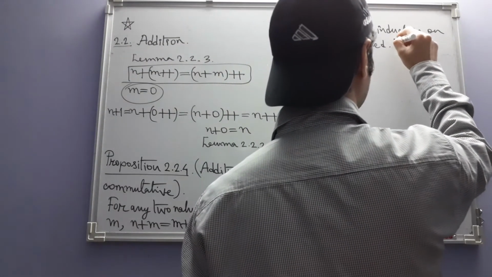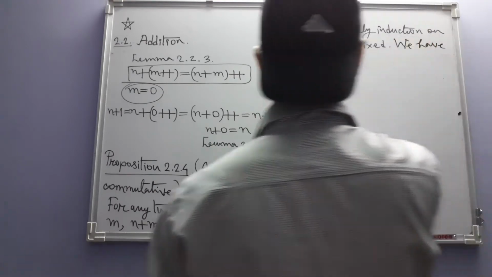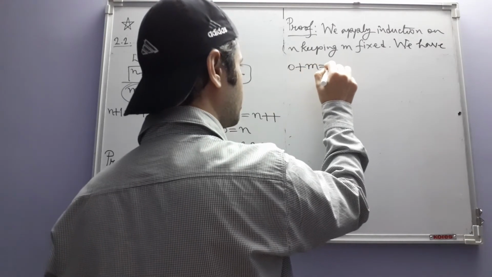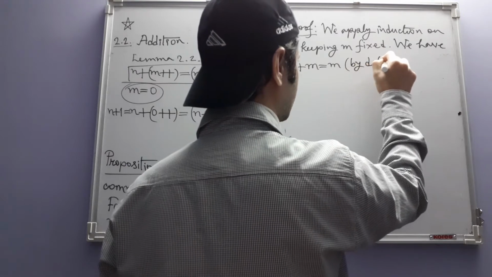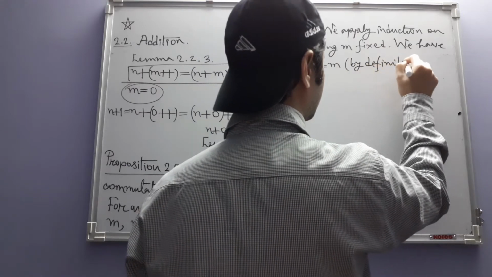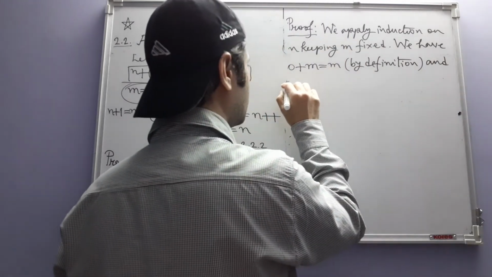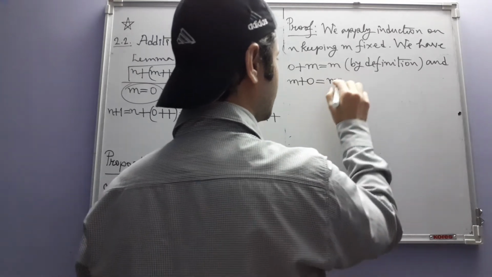We have 0 plus m equal to m. This comes from the definition. And m plus 0 is also equal to m.